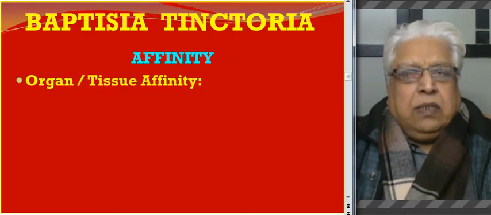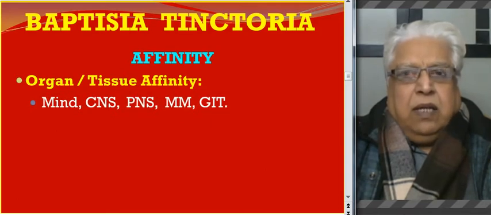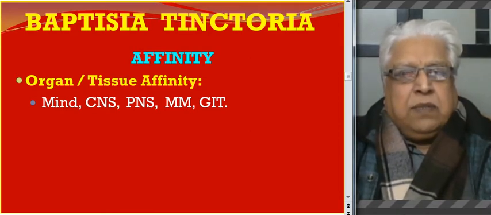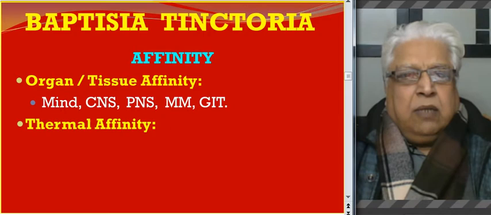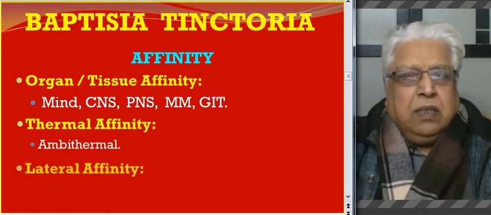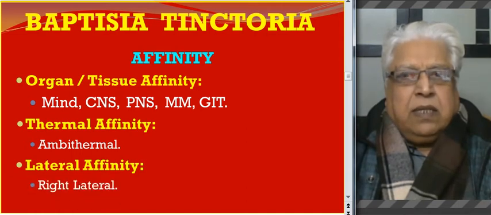The affinity: the physiological action takes place on mind, central nervous system, peripheral nervous system, mucous membrane and gastrointestinal tract. The thermal affinity is this drug is ambithermal. Lateral affinity is it affects the right-sided complaints.